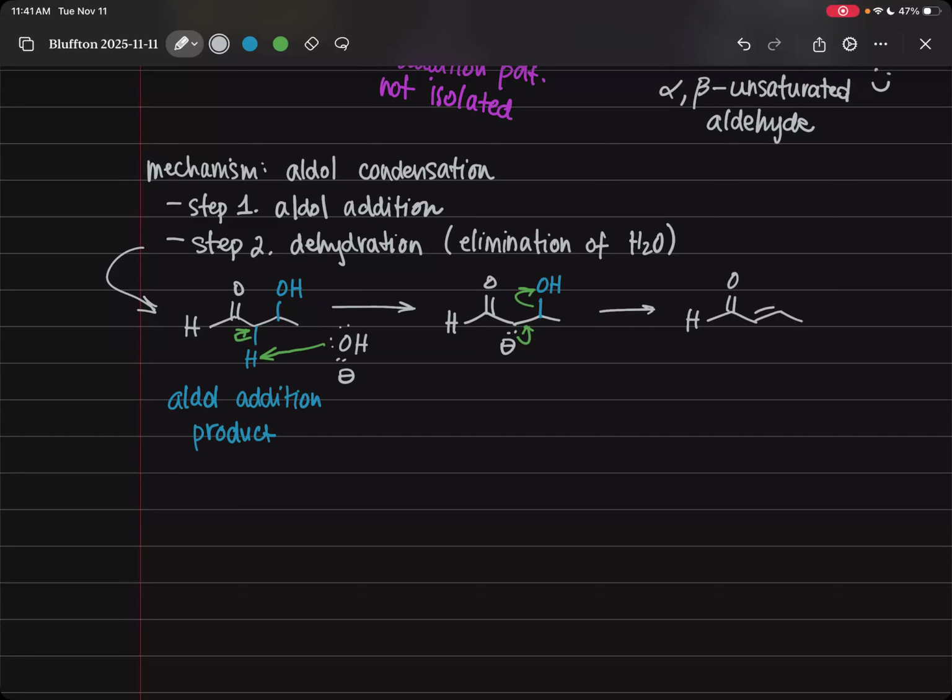So we have our alpha beta unsaturated aldehyde. That OH has left. And then we've got the hydrogen that was on the alpha carbon.